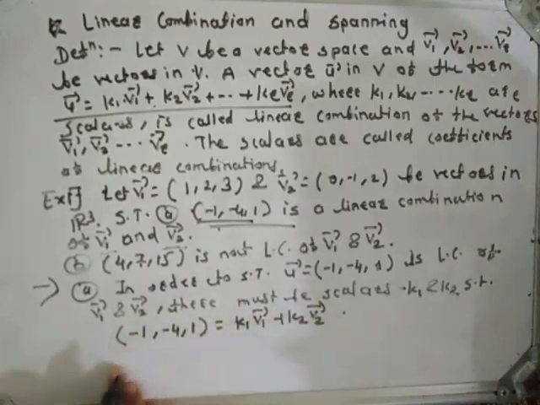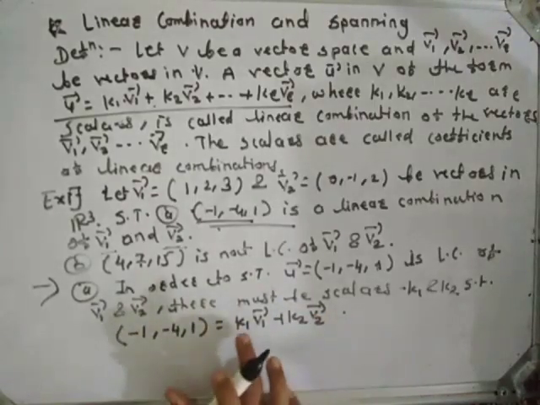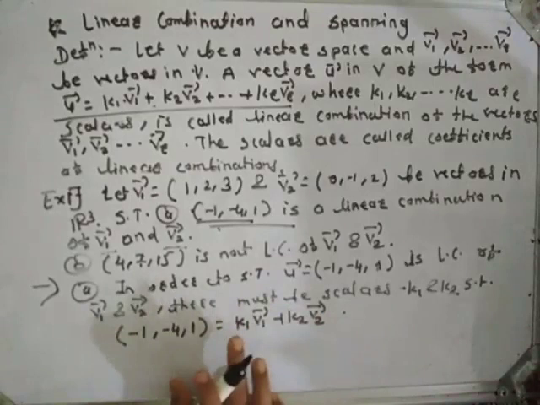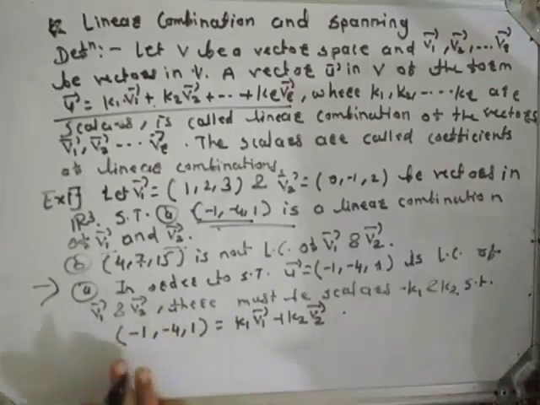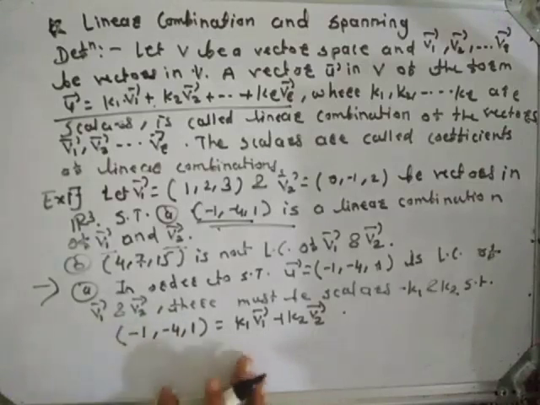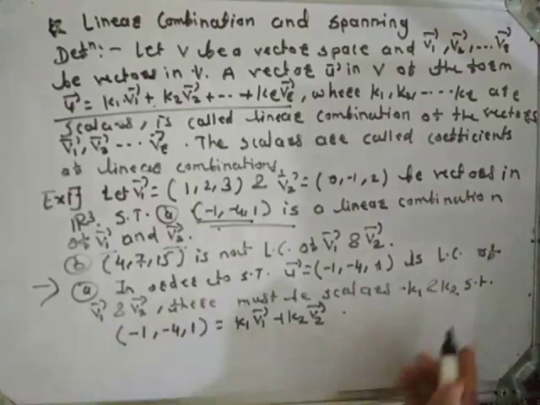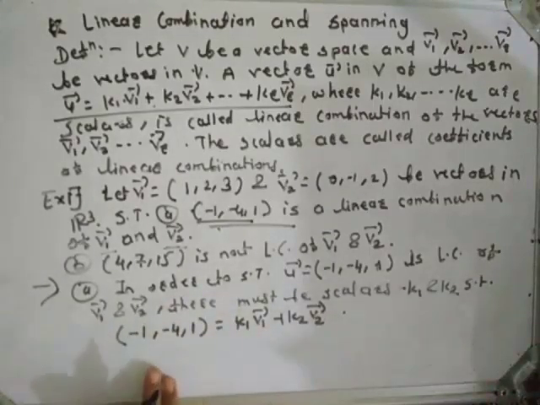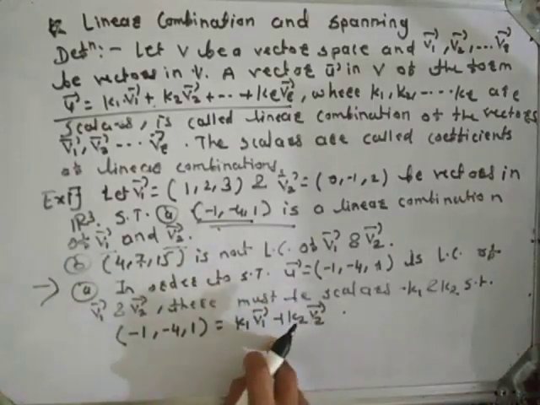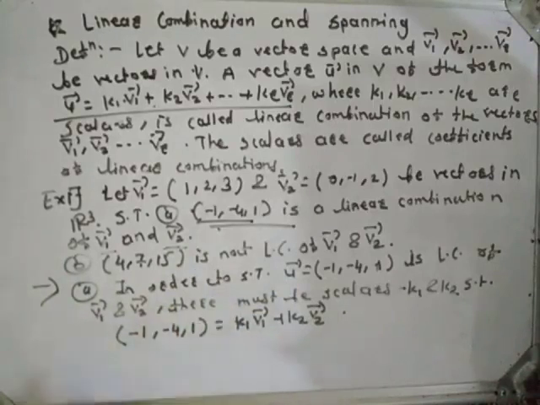If this vector equation has no solution, means values of K1 and K2 cannot be found, then this vector is not a linear combination of V1 bar and V2 bar. If K1 and K2 exist, then this U bar is a linear combination of V1 bar and V2 bar. Okay. Now we will solve this.